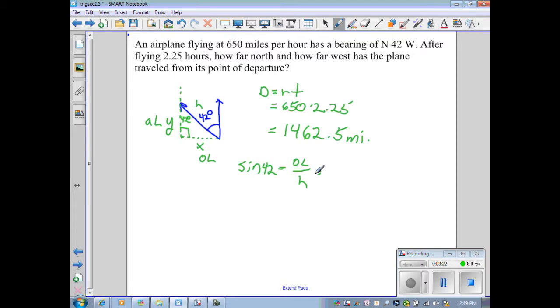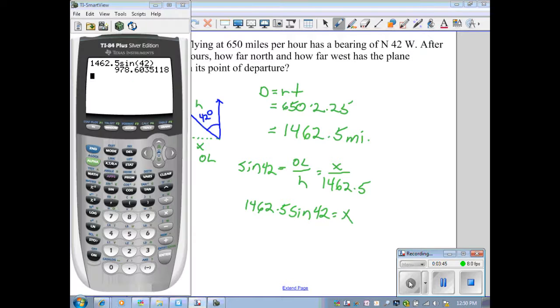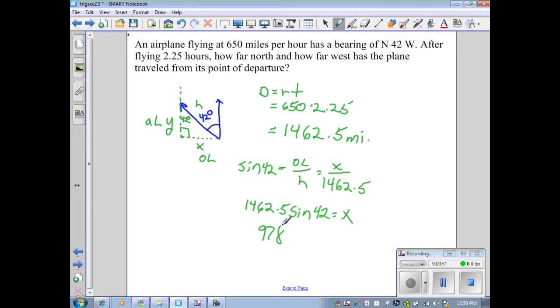That will be opposite leg, which is x, over my hypotenuse, 1,462.5. Then my solution is 1,462.5 sine of 42 degrees equals x. From the calculator, my distance west is going to be 978.6 miles.